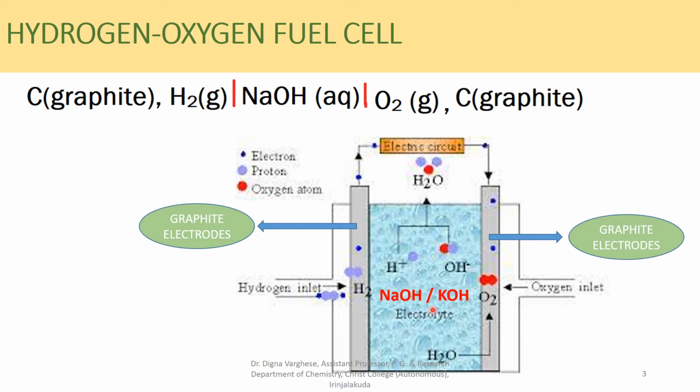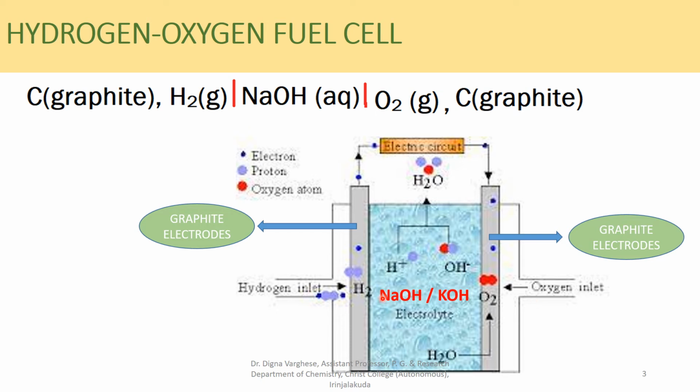The hydrogen gas is fed into the solution through a porous graphite electrode under a pressure of 50 atmospheres. Oxygen is also fed into the cell through the porous graphite electrode under a pressure of about 50 atmospheres.